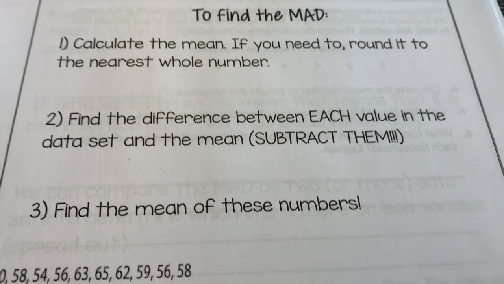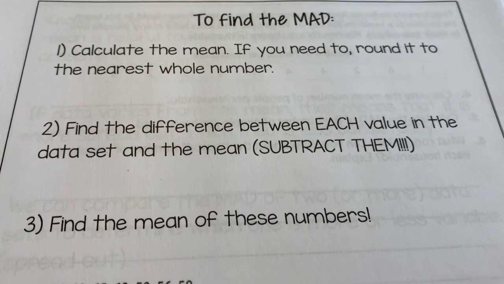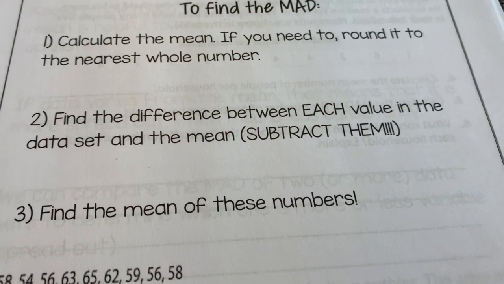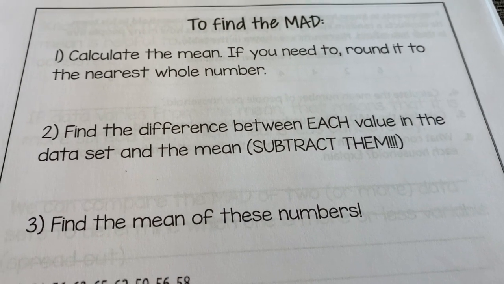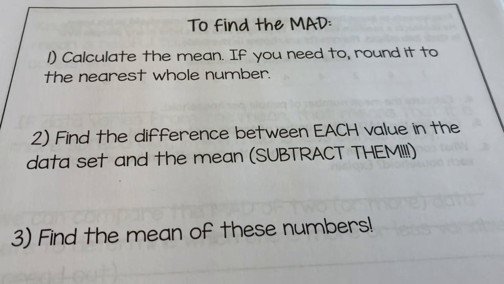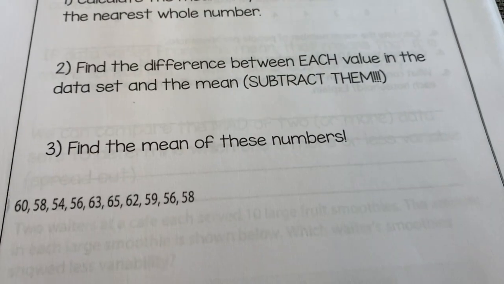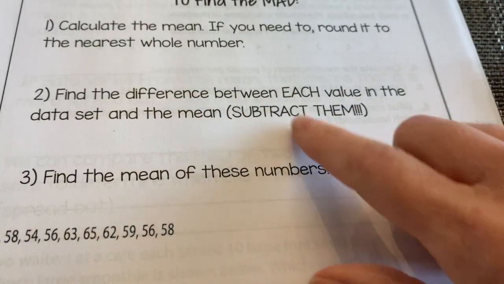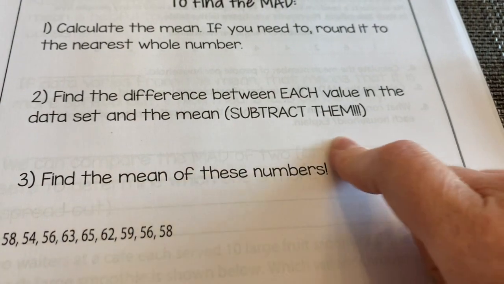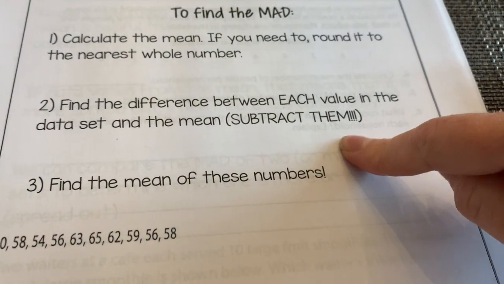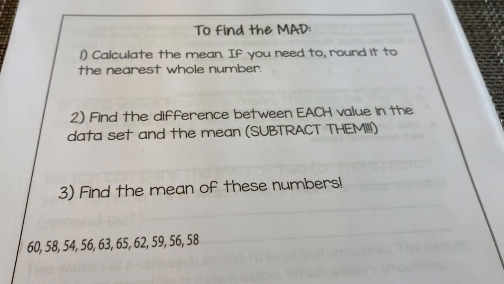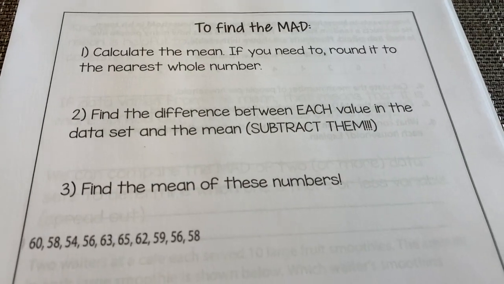So, for example, if your mean is equal to 10, then for every single data point in your set, you have to find how far away it is from 10. So you would subtract. Finally, once you have all of those differences, you find the mean of those numbers.